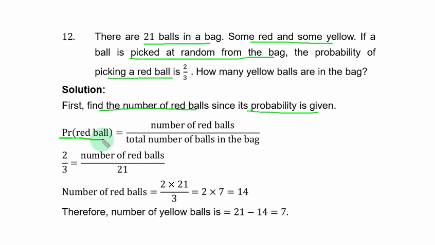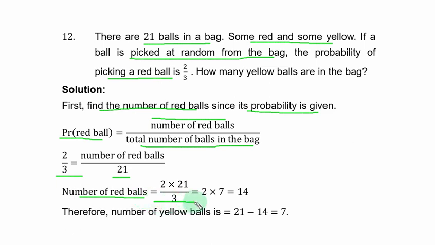Probability of a red ball is equal to the number of red balls over the total number of balls in the bag. That is 2 over 3 equal to the number of red balls over the total 21. If you make the number of red balls the subject, you have to cross multiply and divide both sides by 3.